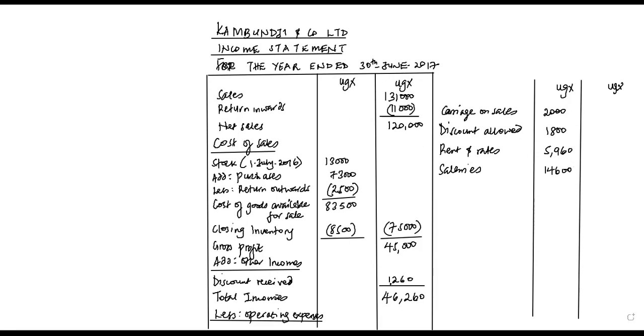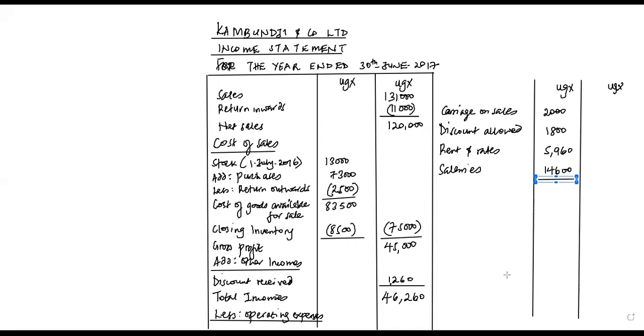So you have to add these expenses. Let's try to add them. So 2,000 plus 1,800 plus 5,960 plus 14,600.